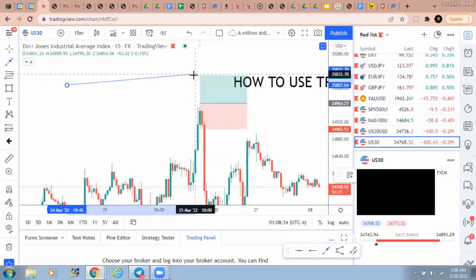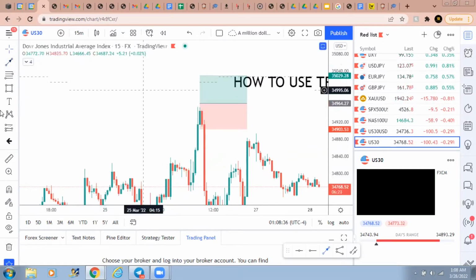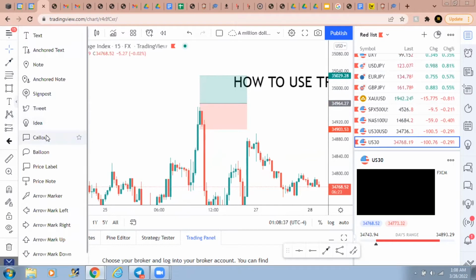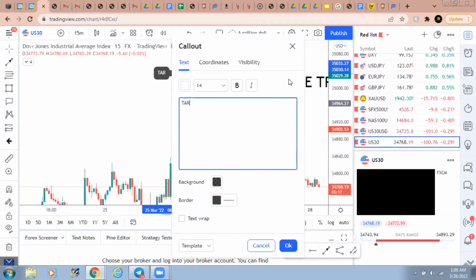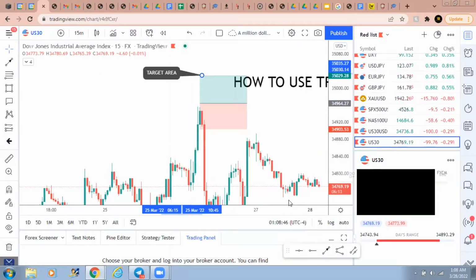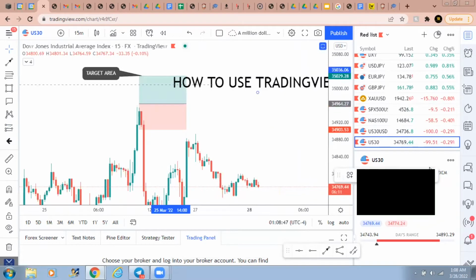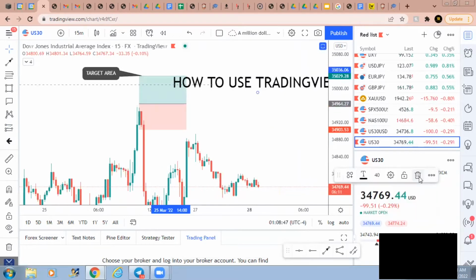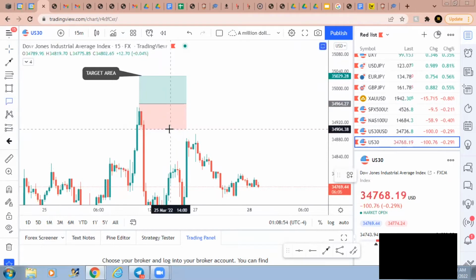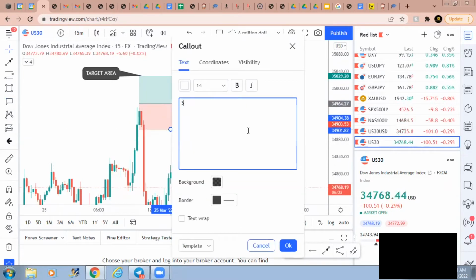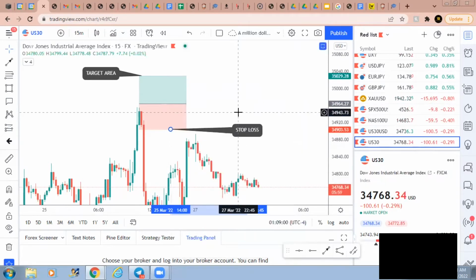This is the target area, so I'm going to label that for you all. Let me erase this as well. It's the target area, better known as your TP. This right here is your stop loss, and it's always important that you're trading with a stop loss.